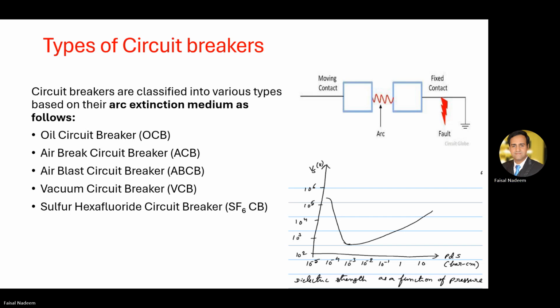So we will discuss the relationship between the dielectric strength and the pressure. We will come to a point that the dielectric strength of any quenching material basically increases with the increase in pressure. So if we increase the pressure inside the breaker, ultimately the dielectric strength of that material will increase.